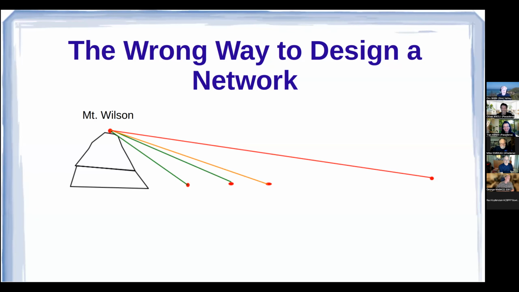So anyway, obviously closer links will be stronger, your intermediate ones will be weaker, and you've got the ones way out there. If the node on Mount Wilson has to talk to all of these, it has to modify its timing to accommodate all of them.